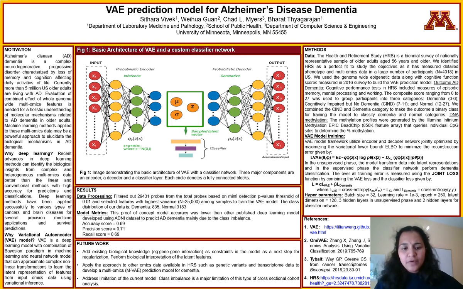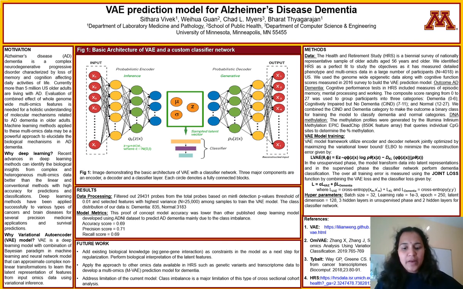We feed the latent vector learned from the input omics data directly to the classifier network for dementia prediction. Since the model has an unsupervised phase, including the encoder and decoder layers, and a supervised classifier network, we use the loss function measured from the VAE model as well as the classifier loss to estimate the total training error.